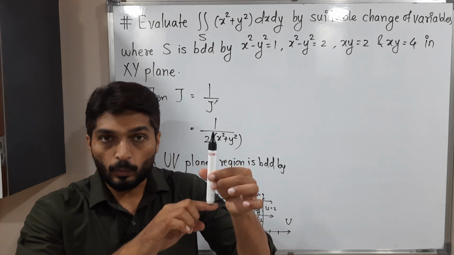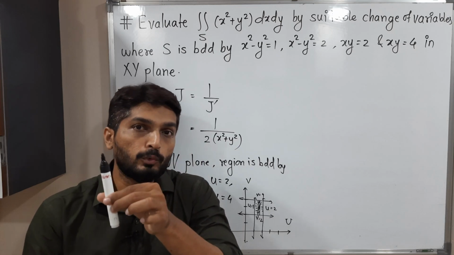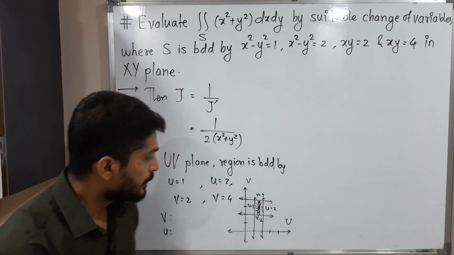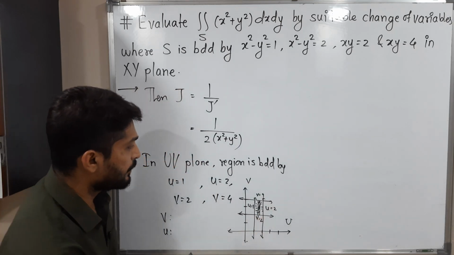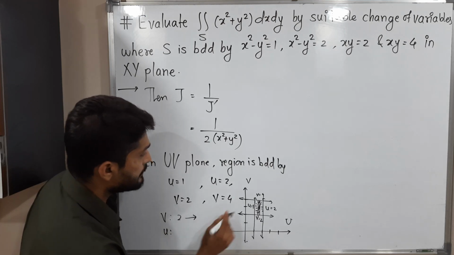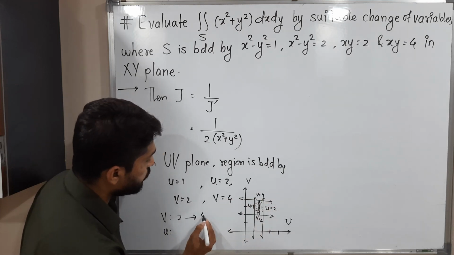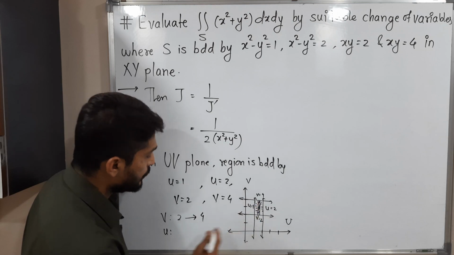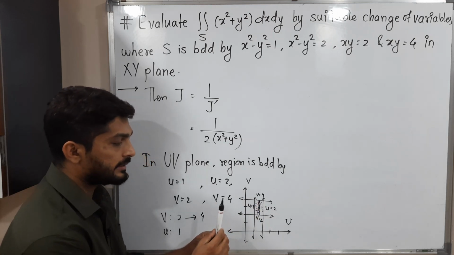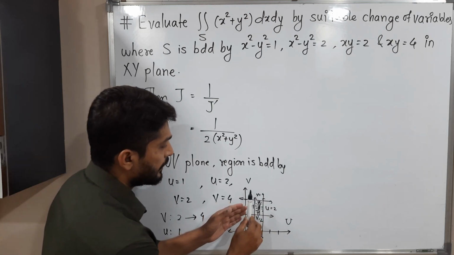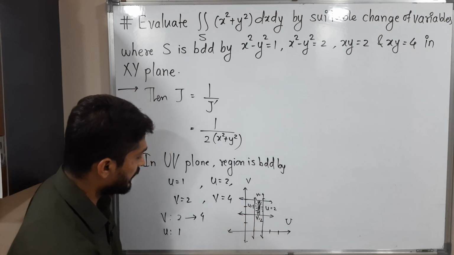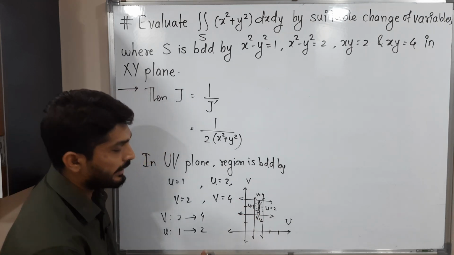Strip is bounded below, bounded above, and we move the strip from left to right. Strip is bounded below by v is equal to 2. It is bounded above by v is equal to 4. Okay, it starts at u is equal to 1. Strip moves like this, getting? It will start at u is equal to 1 and it will go up to u is equal to 2. So finally we got the limits.